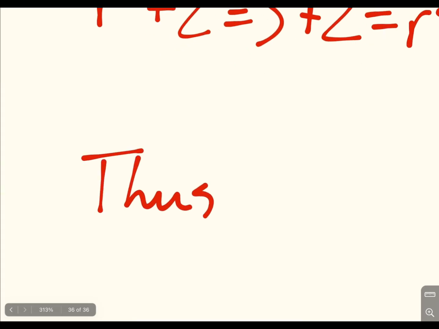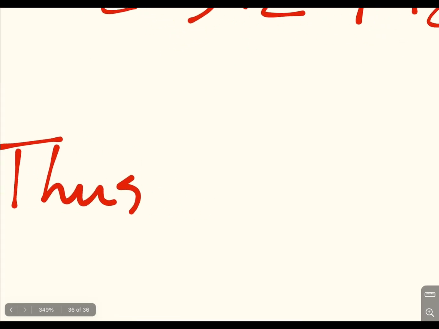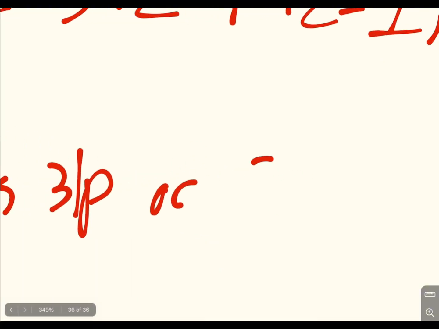Thus, what this basically means is that 3 divides p or 3 divides q.